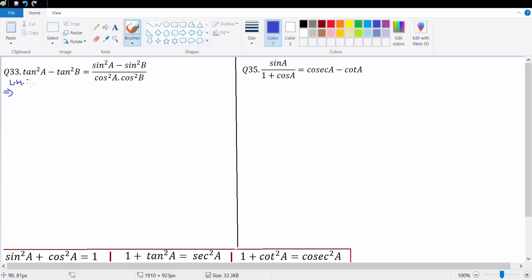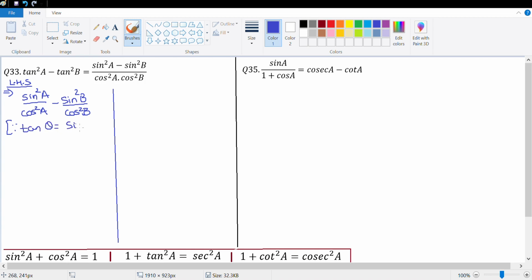The left hand side becomes sine square a upon cos square a minus sine square b upon cos square b. The reason is we've converted tan into something: since tan theta is equal to sine theta upon cos theta.